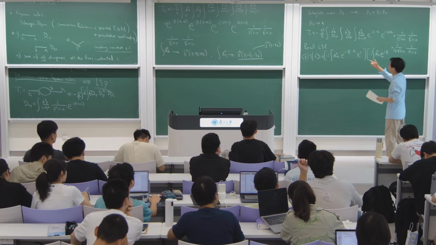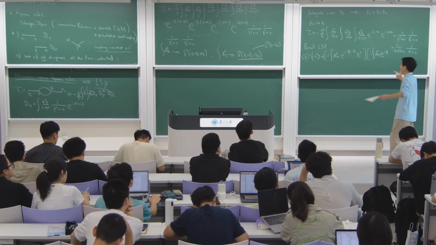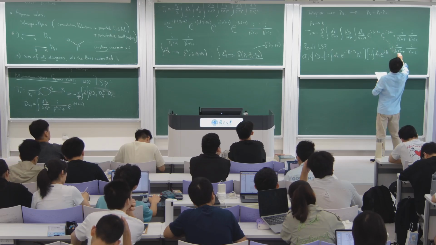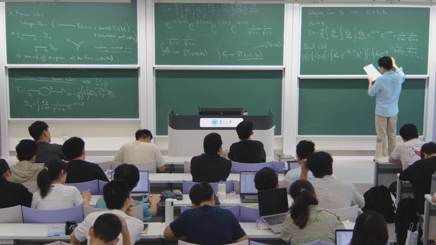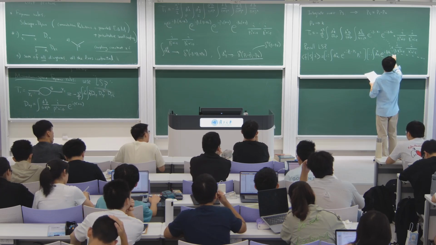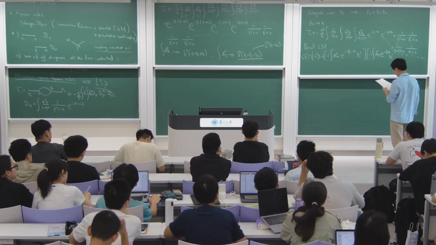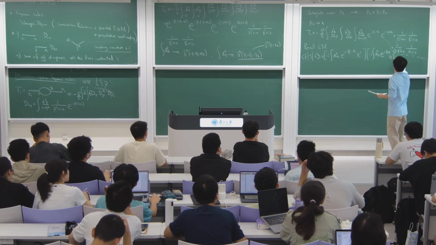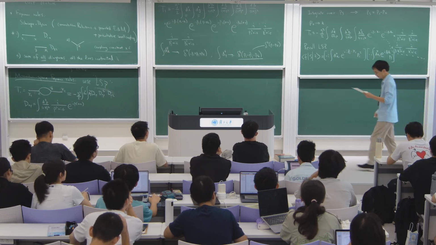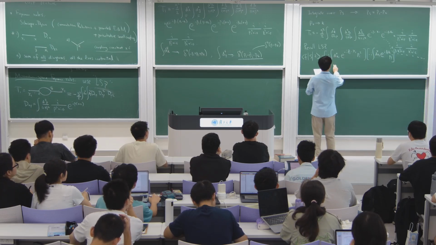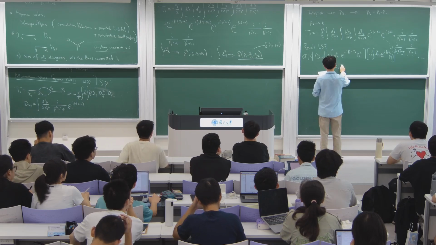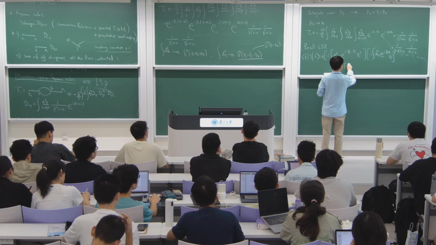F means the final, i means the initial, incoming and outgoing, and there is a p_f squared here. These are the two factors in front of this formula. And then the remaining thing is what? The time ordered correlators. Time ordered correlators.